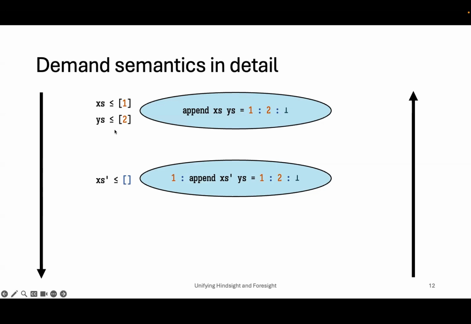You could imagine this by entering into the Haskell REPL: append singleton list one, singleton list two, right? In that case, you know that the result is going to be some approximation of 1, 2, depending on how much you ask for, depending on the context in which it occurs, right? So that's how you end up in this situation, and this equation represents the context, or how much I'm going to end up using. So this equation represents take two of the result. Does that make sense? Yeah. Okay. Thank you.